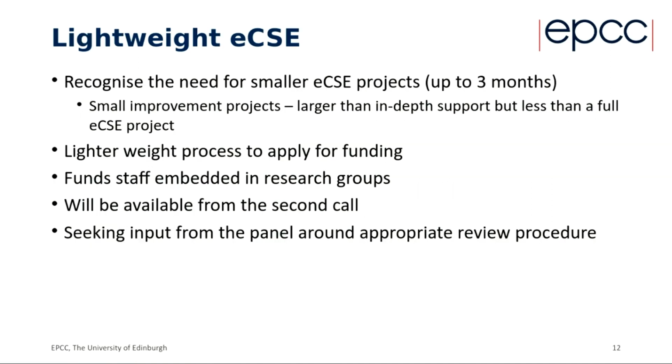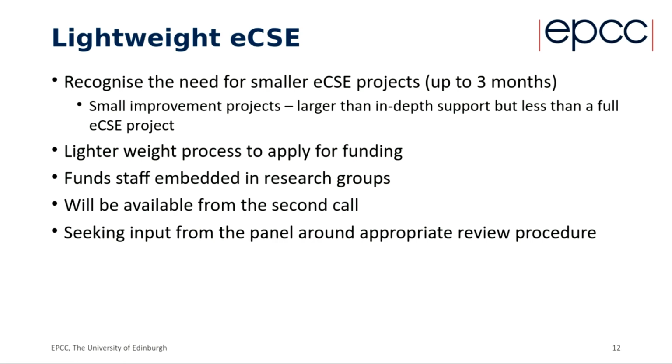So finally, as I said, the projects here should be for funding between 3 and 12 person months. We recognise that there can be a need sometimes for slightly smaller projects, between 1 and 3 months, for making very small improvements to projects. So something that's larger than in-depth support that we would offer anyway, but less than a full eCSE project.